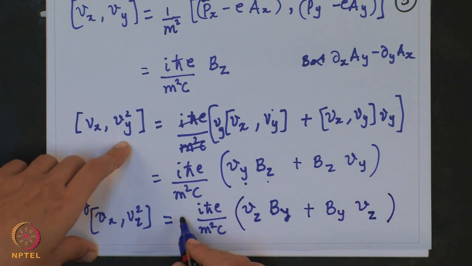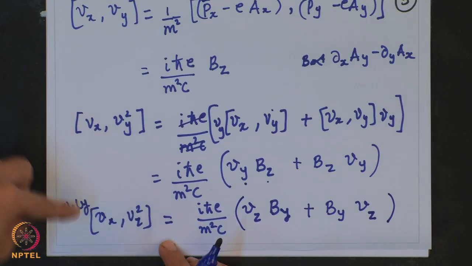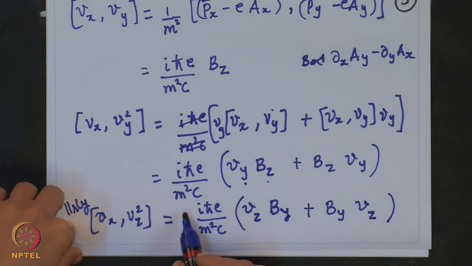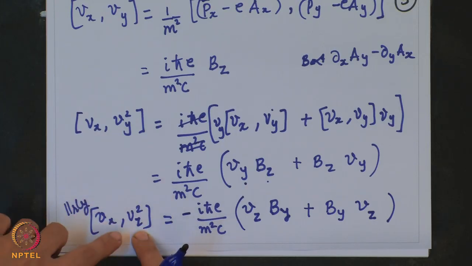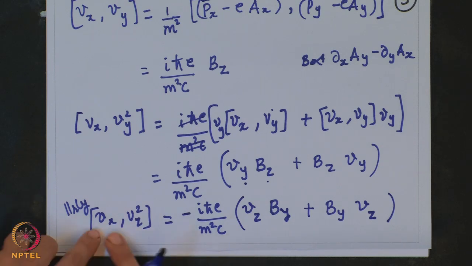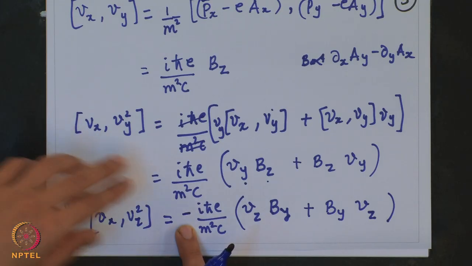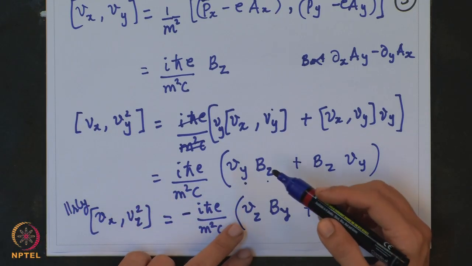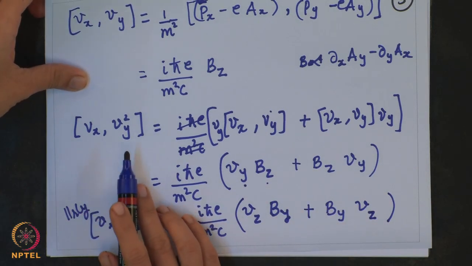So, here I have got this contribution. There will be a minus sign here because here you have Vx Vz. So, when you are doing this, be careful with the sign: x y, y z, z x. Here it has to be z x to have a plus sign, but I have x z, so I will have a minus sign. Now going further, you have to add these two to get Vx V square.